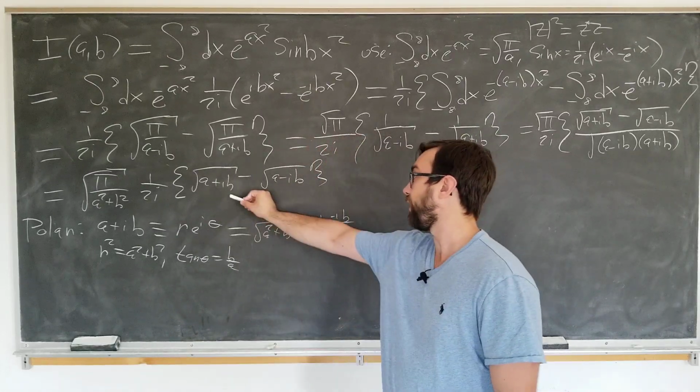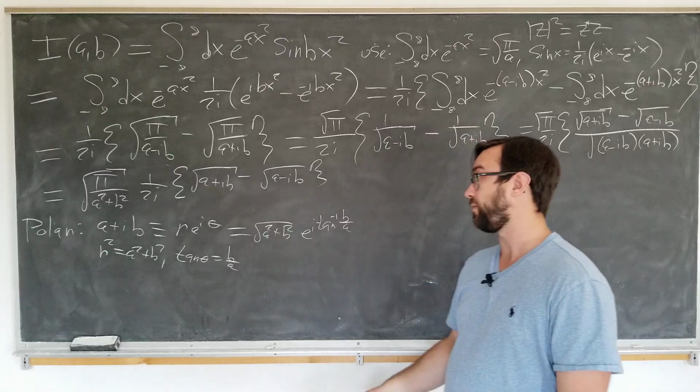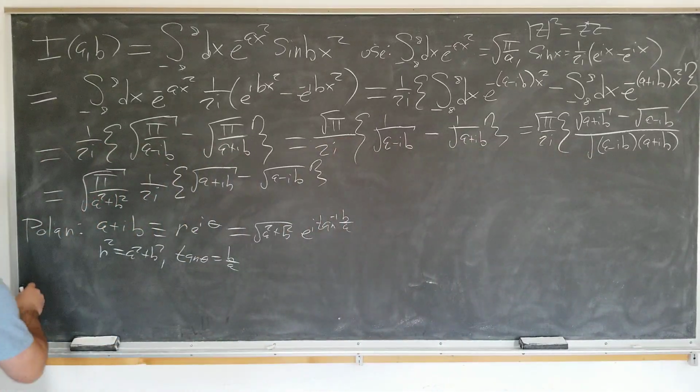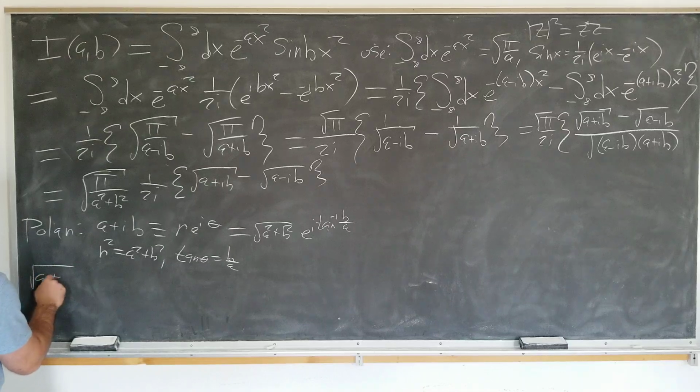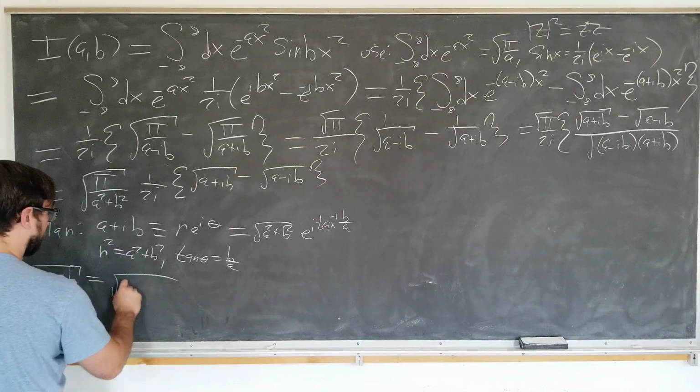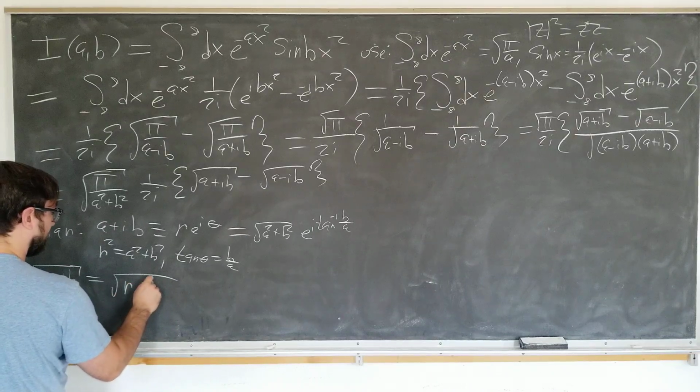Now we have an a plus or minus ib here, so we'll compute the square root of them at once as follows. Square root of a plus or minus ib is simply the square root of r e to the plus or minus i theta.